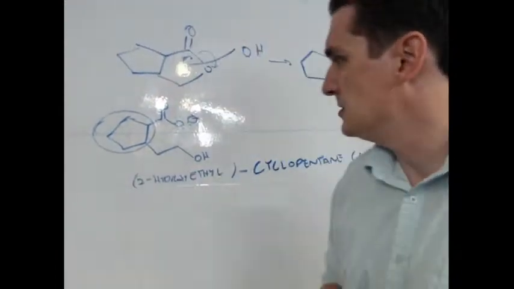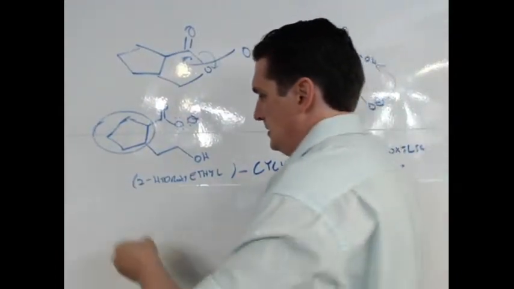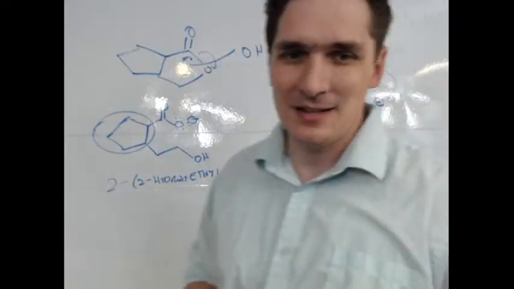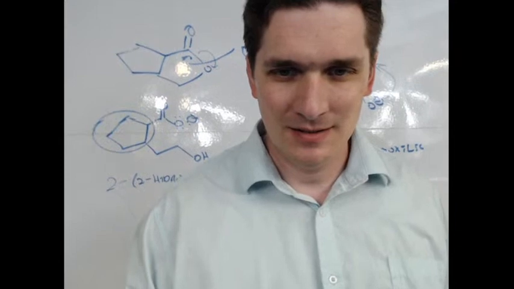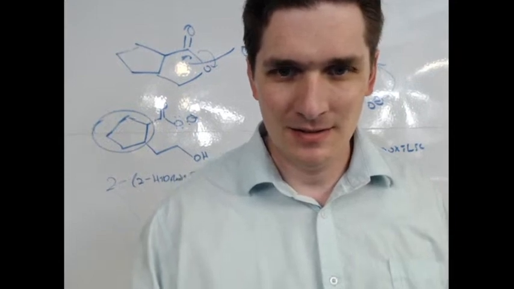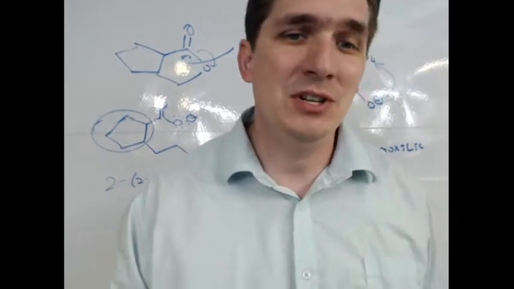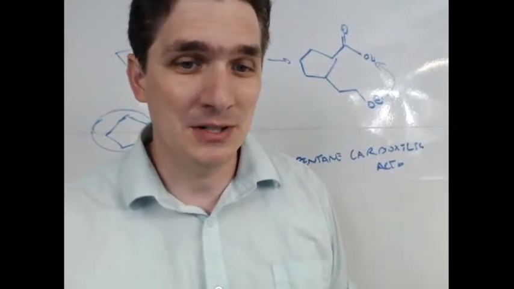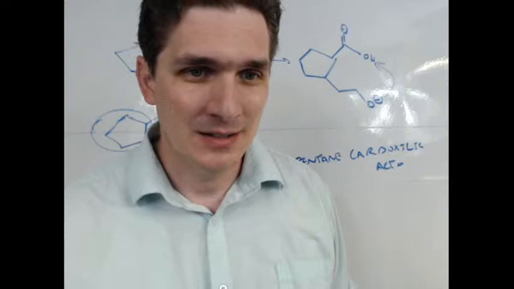Oh, you need to name the position too. So 2-hydroxyethyl cyclopentane carboxylic acid. And the way you can cheat to check your name is just search Google, and PubChem will probably tell you if you're right. Yeah, you're welcome.